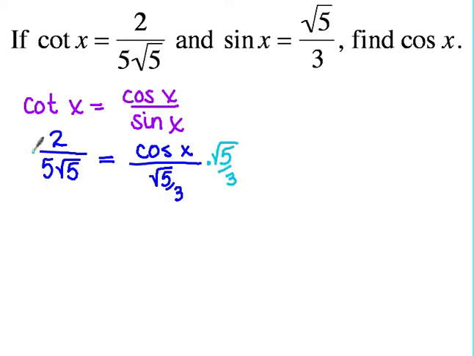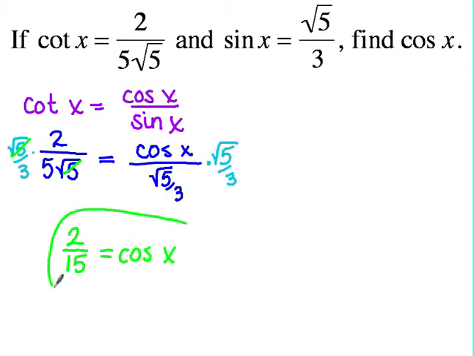So I'm going to multiply this by root 5 over 3. The root 5's cancel off. Isn't that nice? And so what does that leave me with? 2 over 15. Very good. That's the answer. It told me to find what cosine x is, and cosine x equals 2/15.